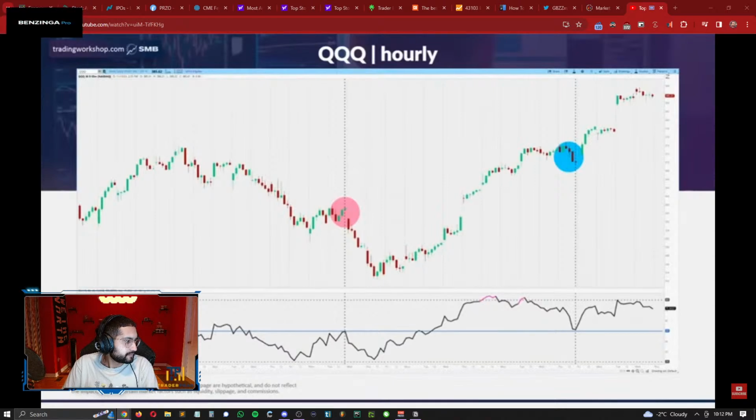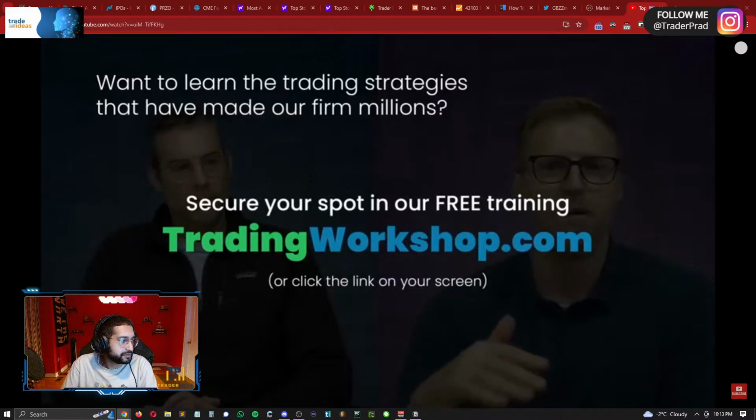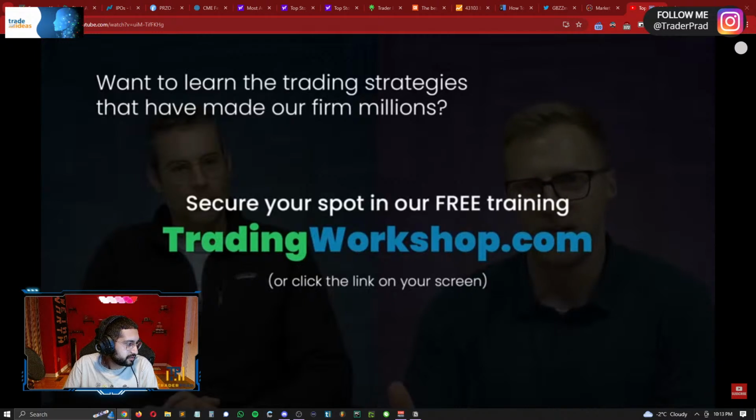So we're actually flipping the script on what we did before, where we were looking for it to get oversold on multiple time frames. In this case, we're looking for it to not be oversold on multiple time frames. If it's oversold on the shorter time frame, that's okay. But if it's oversold on both, we're eliminating this midline retracement trade.